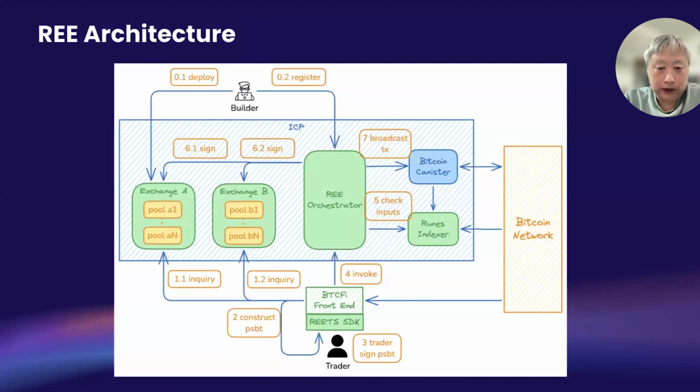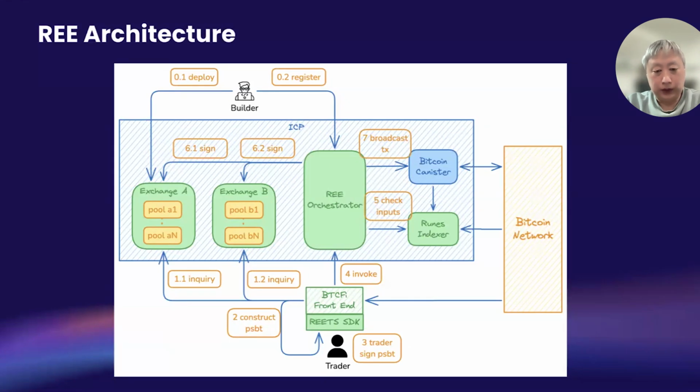So the detailed steps of an RE transaction: the first step is the user will use his front end to query exchanges, and essentially this inquiry means, if I give you some BTC or some runes, what will I get in return.